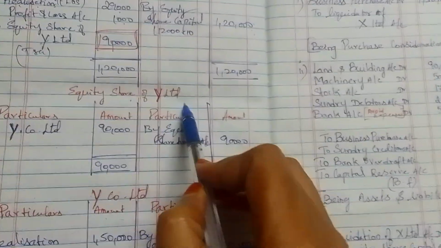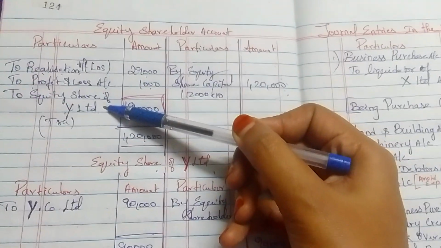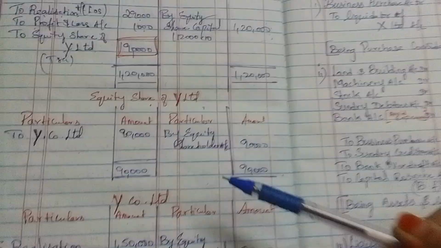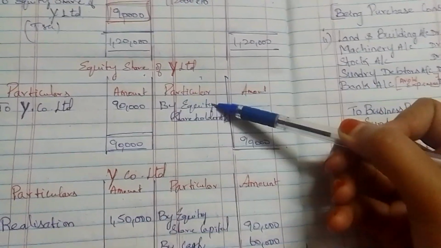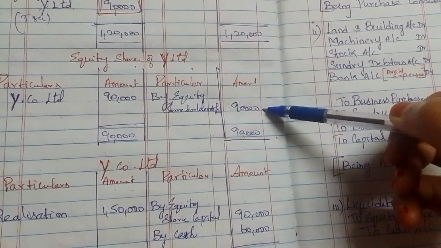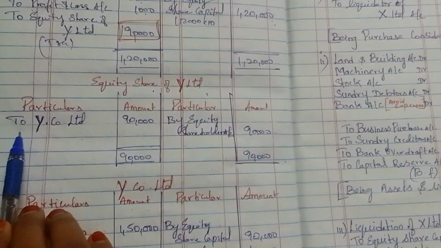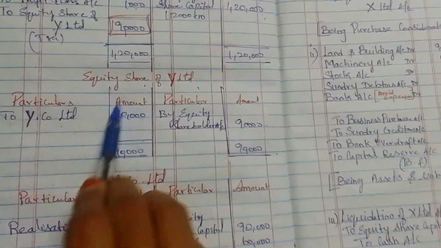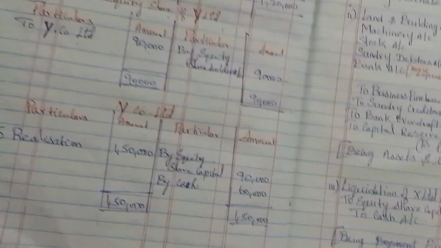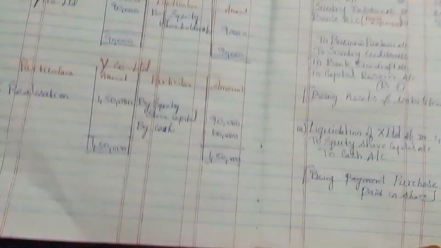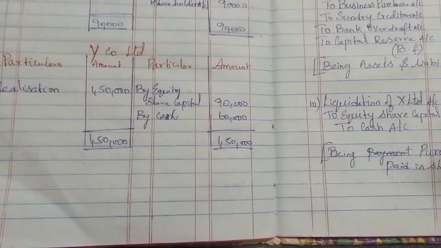Next, from the equity shareholders account we are transferring to Y Limited. So by equity shareholders 90,000 to Y Company 90,000. We will tally up. Next, we are moving to the realization account. What are the items we are going to transfer?